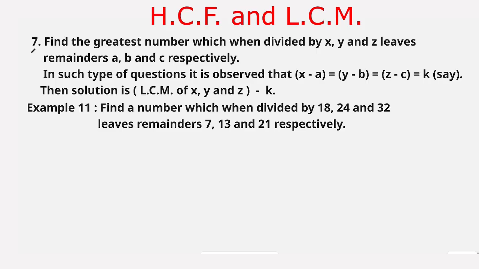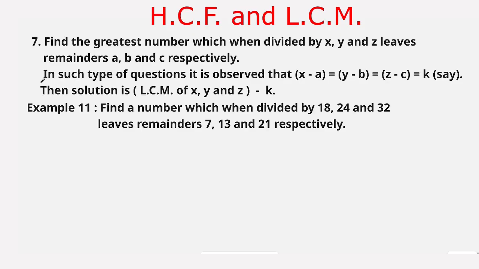Point 7. Find the greatest number which when divided by x, y and z leaves remainders a, b and c respectively. This is the type of question that usually comes in competitive exams and we have to find the method of solving it.